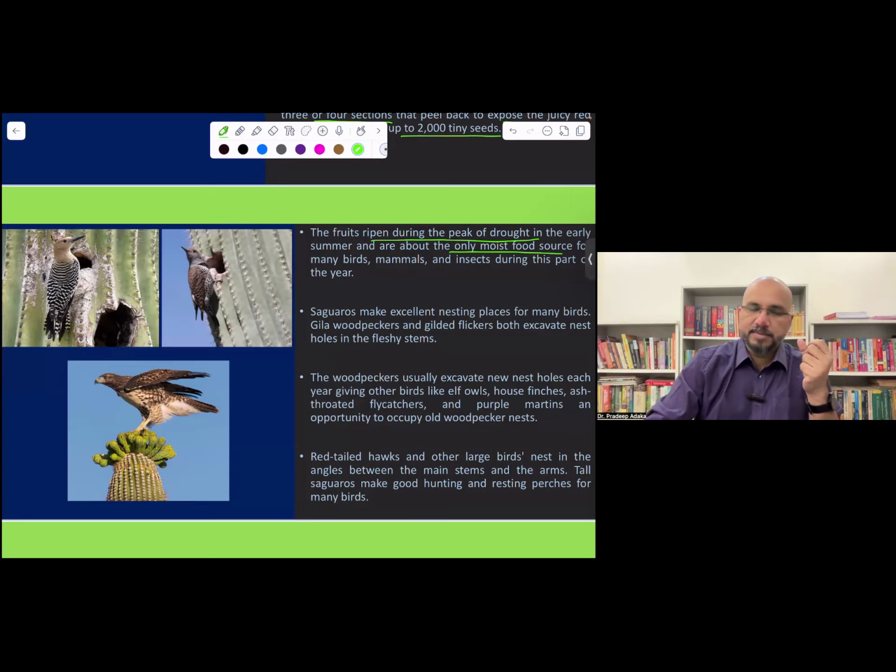So many birds, mammals, insects, they depend on the fleshy fruit from this particular plant. So saguaros make excellent nesting places for many birds. So in their thick fleshy stem, birds will make a hole and they will make their nest in it. So gila woodpeckers, so this is your gila woodpecker.